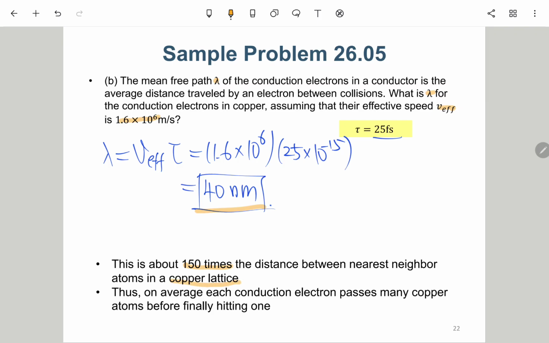So on average, each conduction electron passes many atoms before finally hitting one.